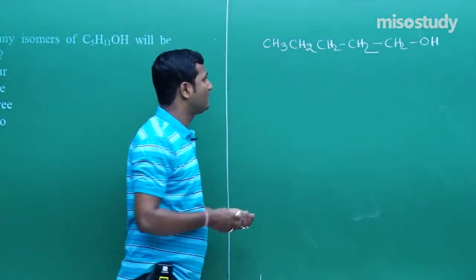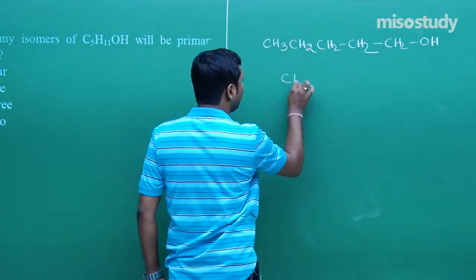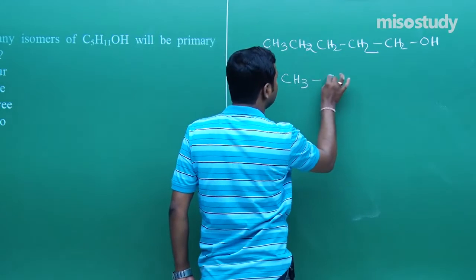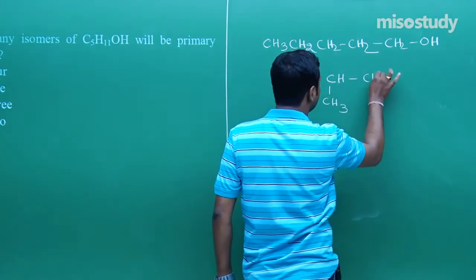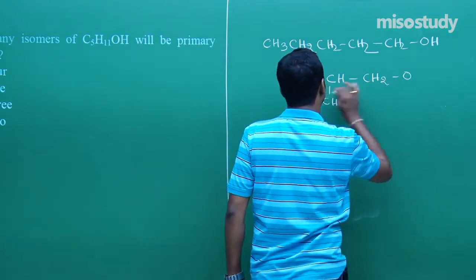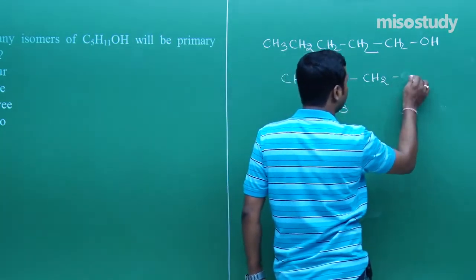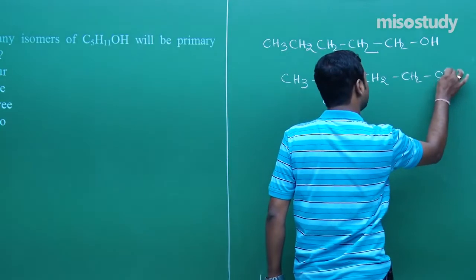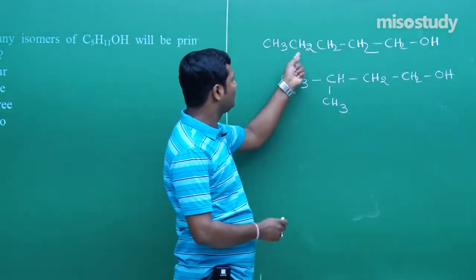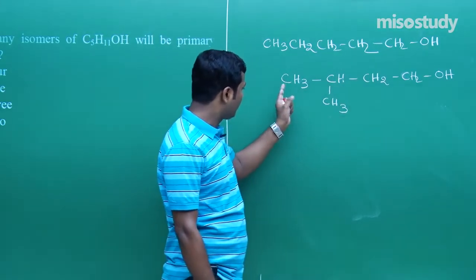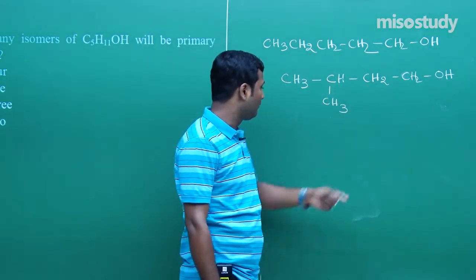Now we can also write like this: CH3, then CH, put here CH3, then CH2, then 1, 2, 3, 4, that is 5, CH2OH. Check it out, here number of carbon 1, 2, 3, 4, 5, here number of carbon 1, 2, 3 and 4.